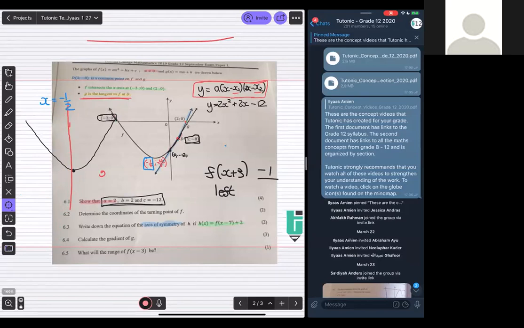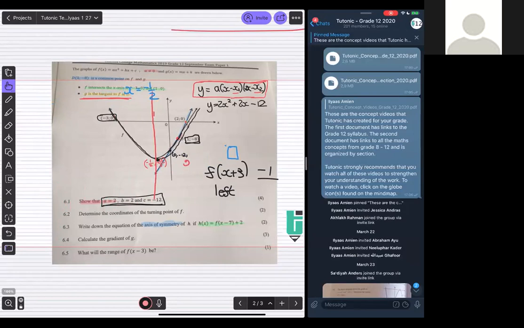So why am I telling you this? Because do you agree if the graph shifts, doesn't the axis of symmetry shift also? You guys see that? So where's the new axis of symmetry going to be? What would you do? Any ideas?